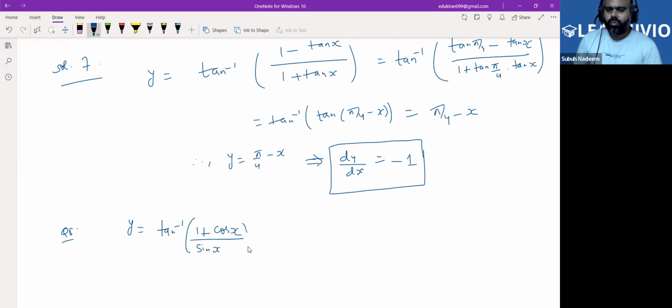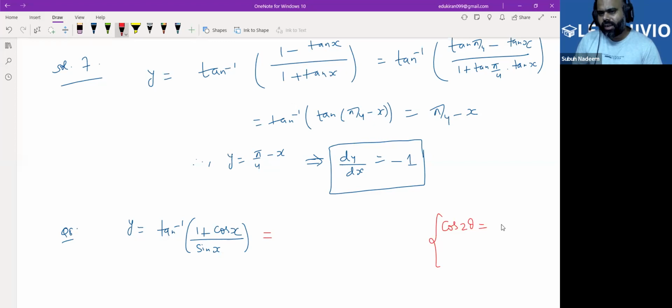So what do we need to do? Is there any formula for 1 plus cos 2 theta? Or let us say, is there any formula for cos 2 theta?